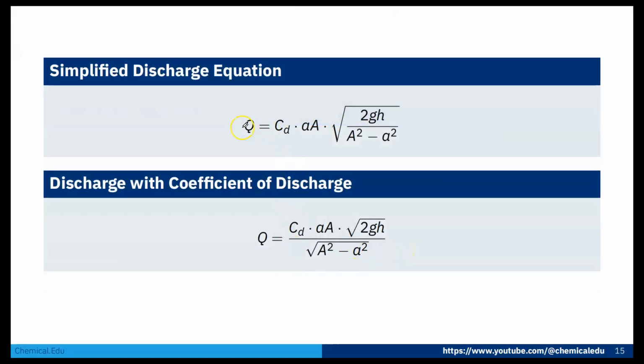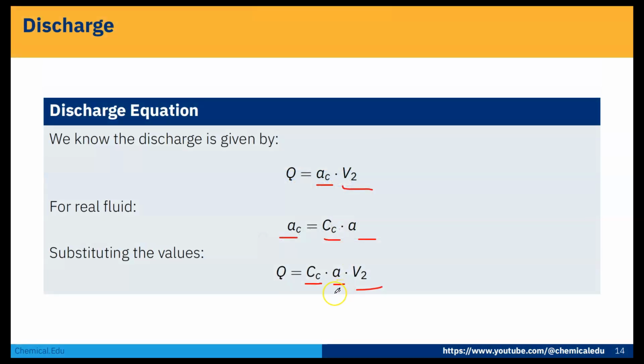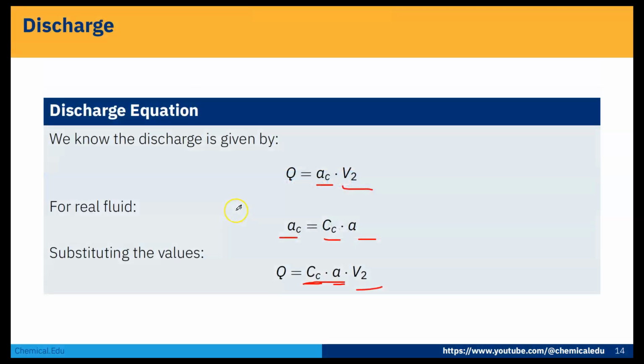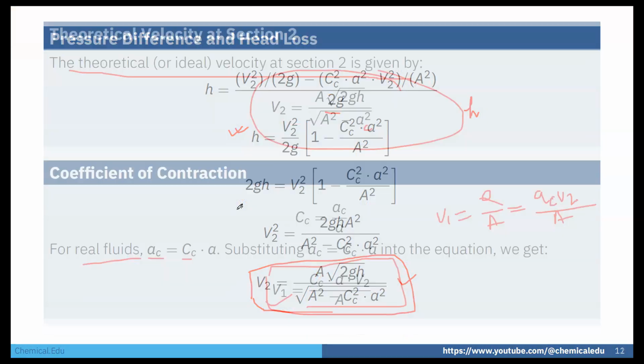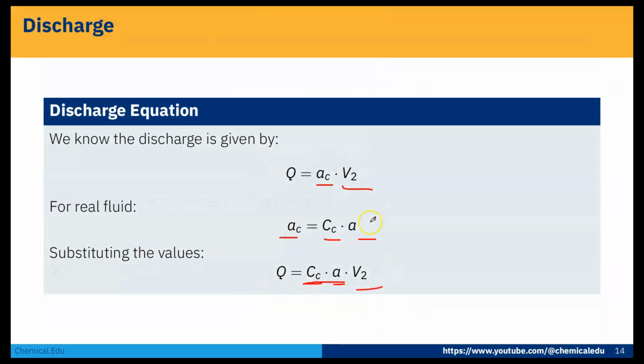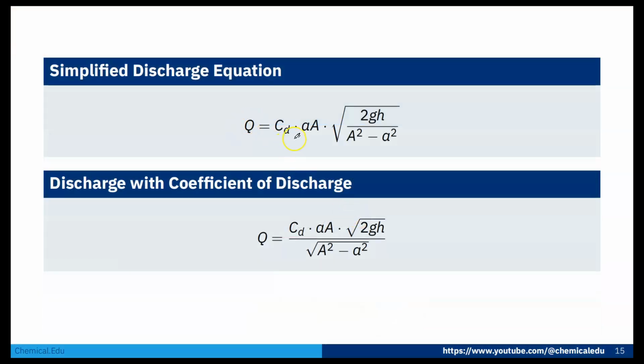So from that we'll get that Q is equal to CD into small a into capital A into root of 2gh by root of capital A square minus small a square.